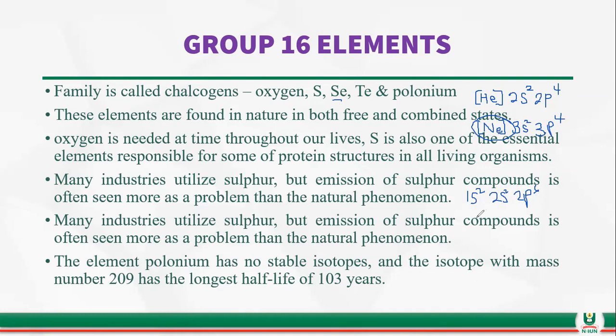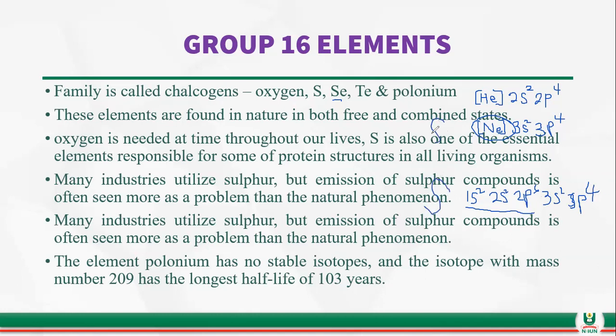What you have written here is the whole of neon. Then you can say 3s2 for the 12th electron and 3p4 for up to the 16th electron. This is for sulfur.